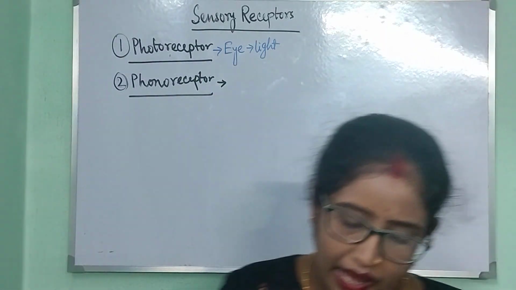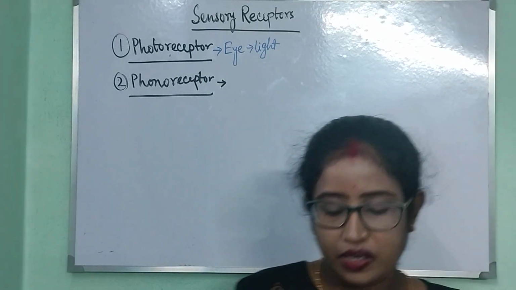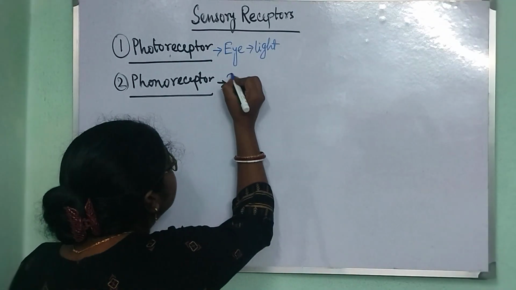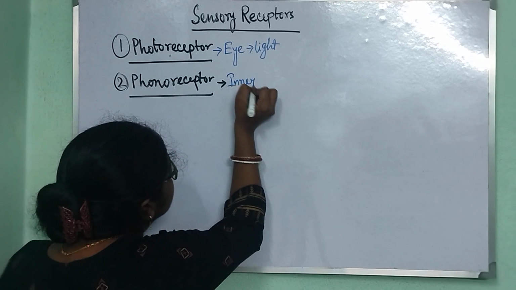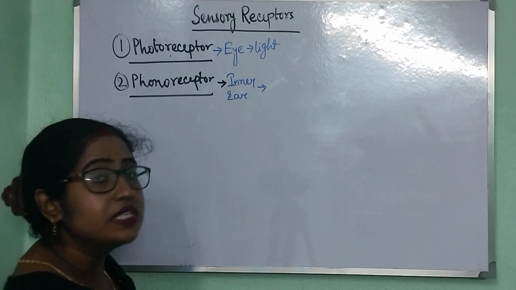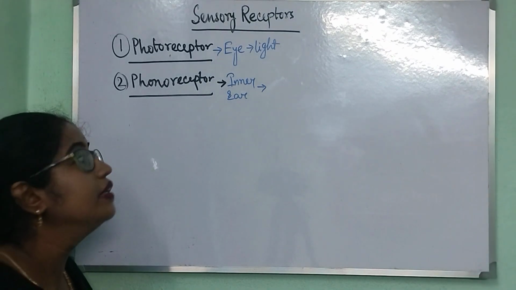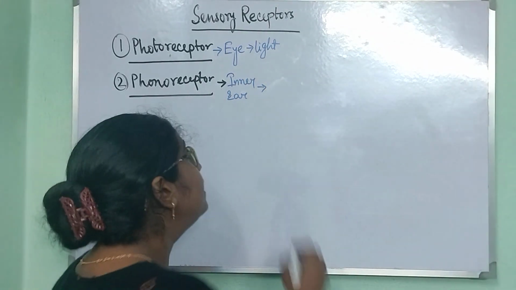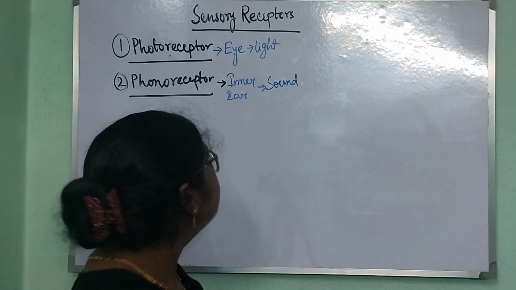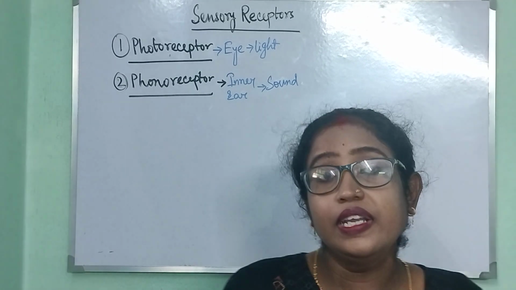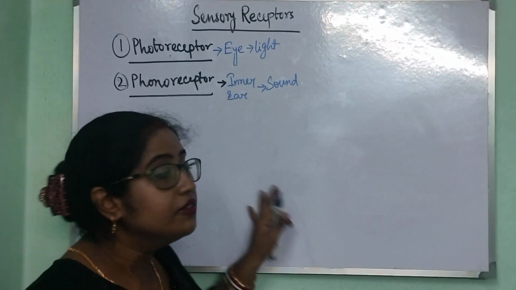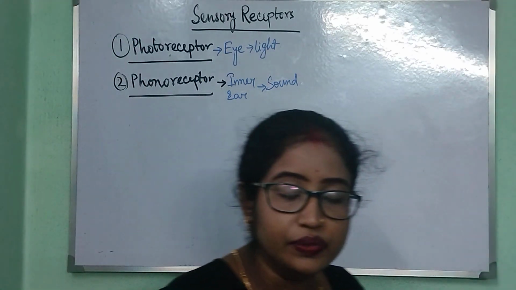We have the phonoreceptor in our inner ear portion, and this specific kind of receptor helps to detect various kinds of sound. So the phonoreceptors are situated in our inner ear and help to detect specific kinds of sound.